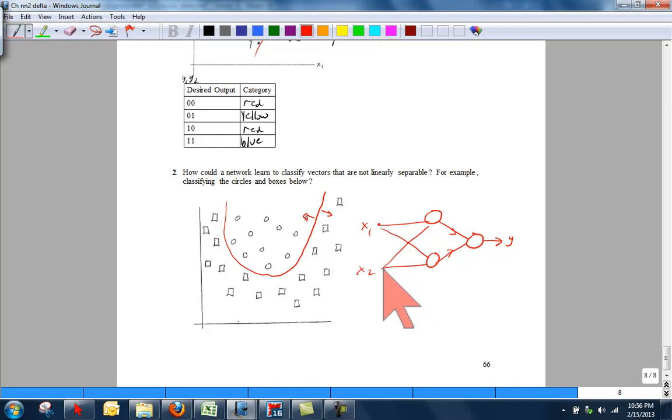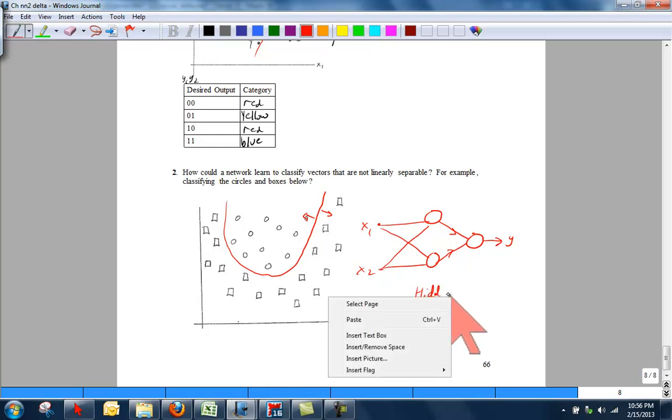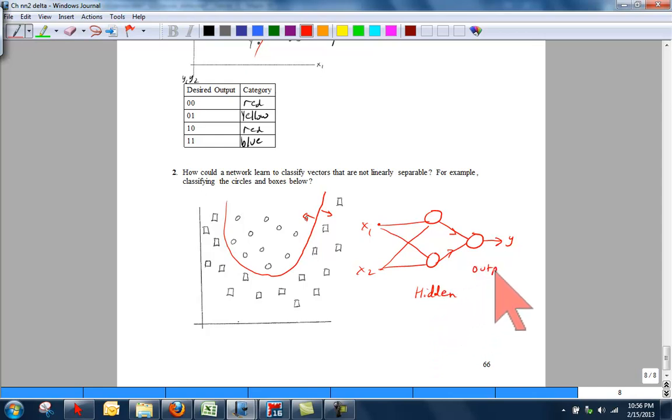So x1 and x2 get fed into what are called the hidden neurons, and then there's an output neuron which produces the final output. And it turns out that if you have a structure like this, the decision boundary is not necessarily linear anymore. It can be curved, and therefore you can learn more complicated problems.